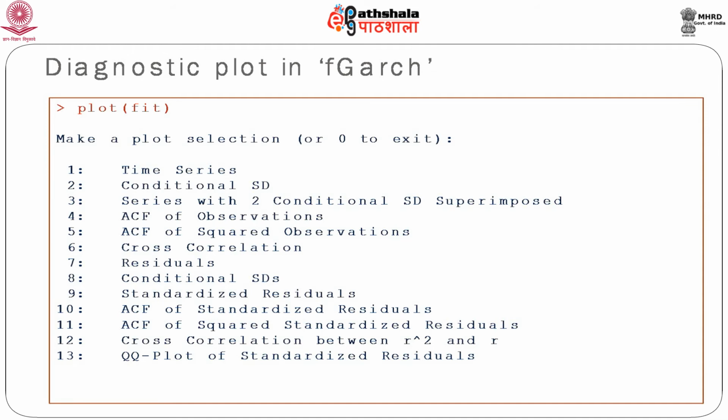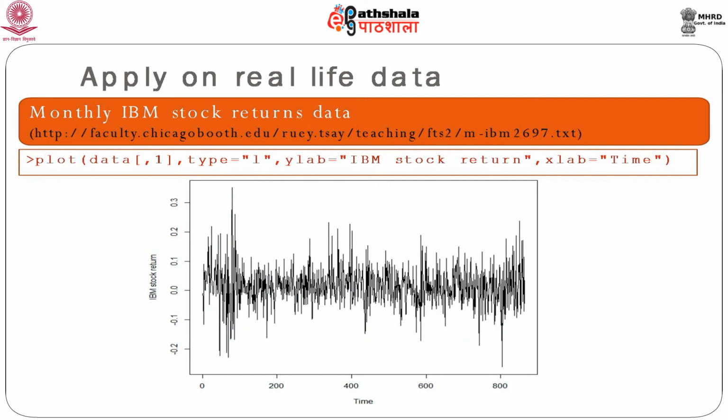Whichever you need, you just have to type the number listed on the left side corresponding to the name of the plot, and if you want to get out of this loop, just enter 0, and you come out to the console.